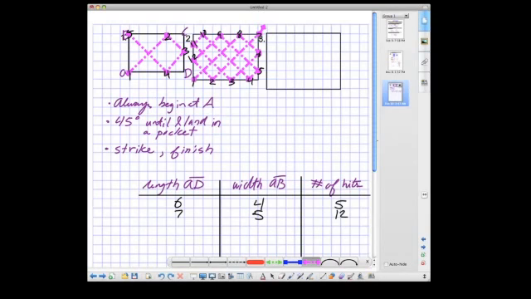So the last data table that we have goes from pocket A, and we're going to travel off until we sink into a corner pocket. The last time.